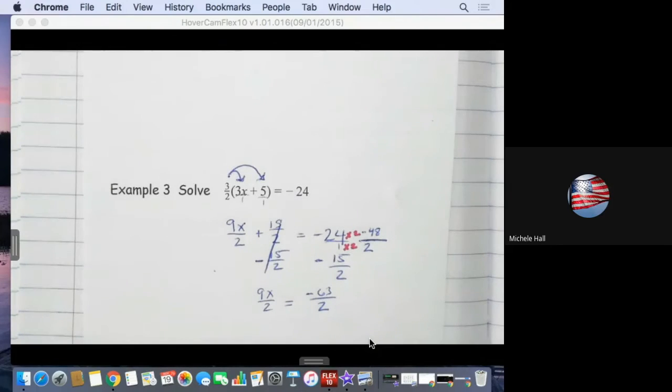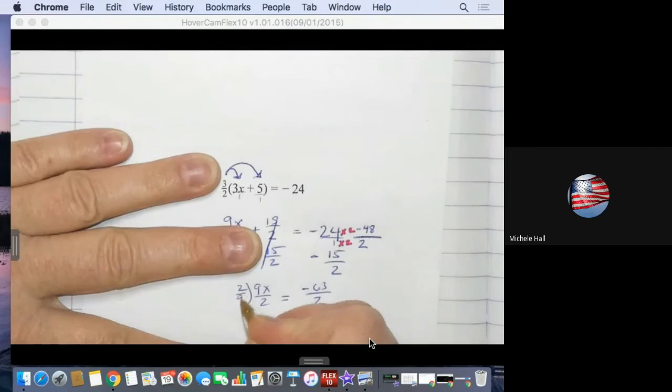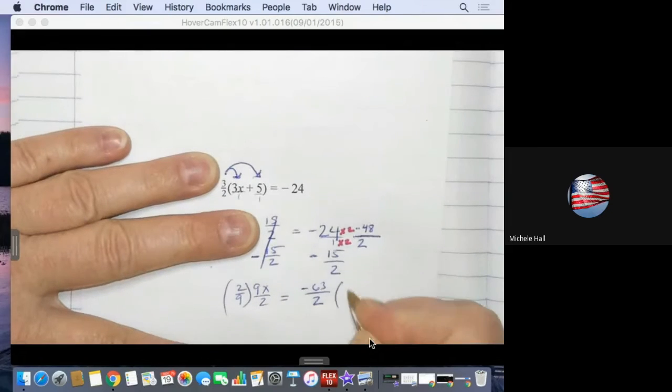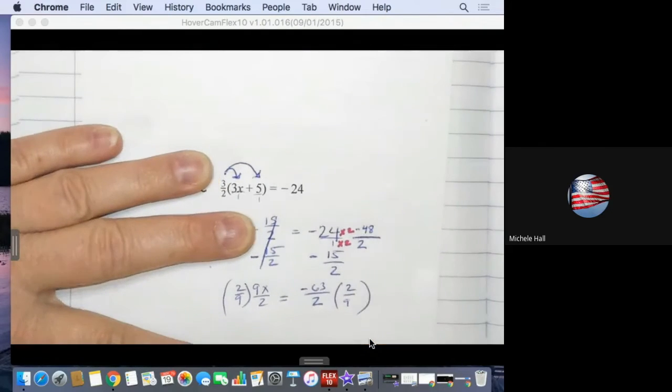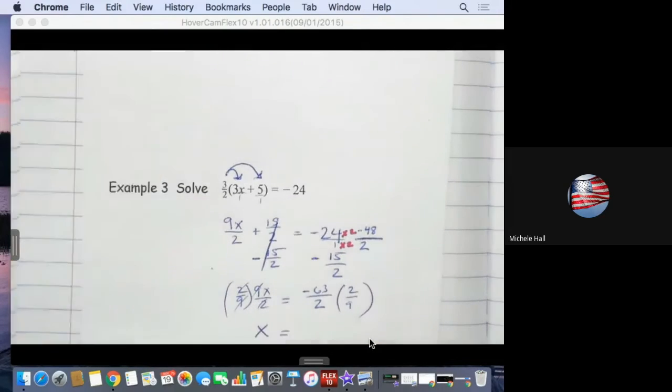X is being multiplied by 9 halves, and so I want to use the multiplicative inverse. What's the inverse of 9 halves? The multiplicative inverse would be 2 over 9. And I multiply the other side by 2 over 9. And you can see that your 2's are canceling, numerator to denominator. Your 9's are canceling, leaving a positive x.